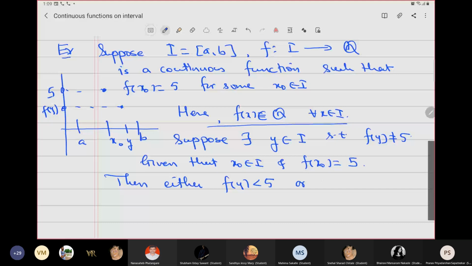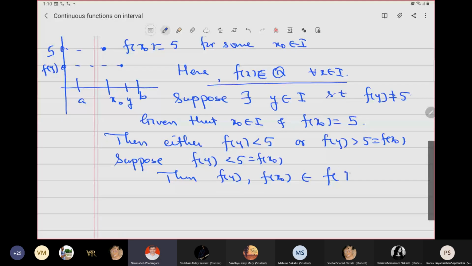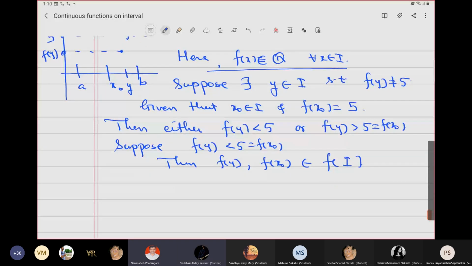Then f(y) and f(x0) are both in the range of the function, correct? Yes, sir.